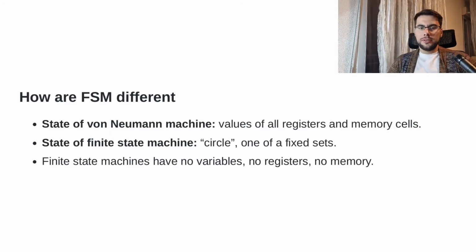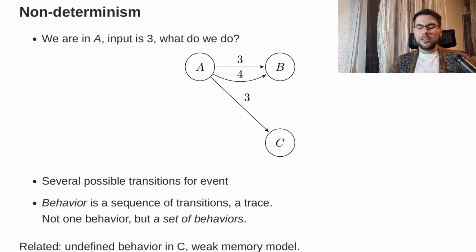Okay, so now we want to talk about some notions related to the behavior of finite state machines. Finite state machines are good to demonstrate notions of determinism, non-determinism, undefined behavior, and totality. And these notions are useful not only for finite state machines, but also for more conventional programming languages.